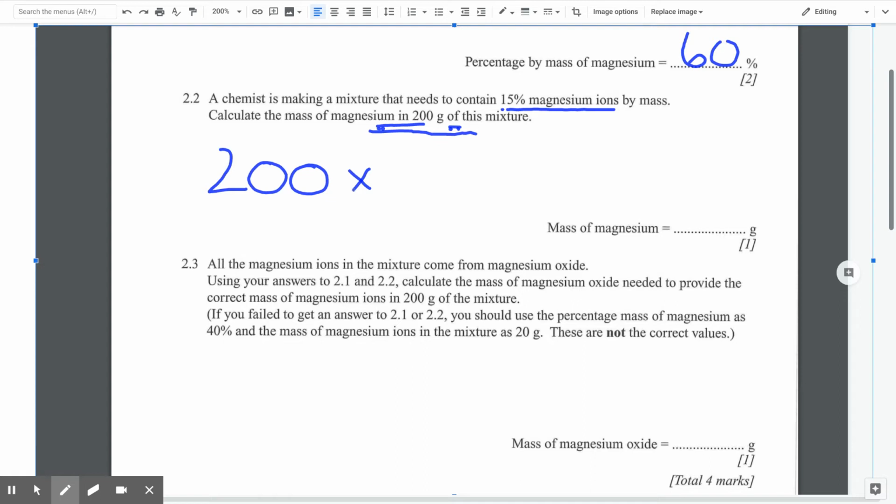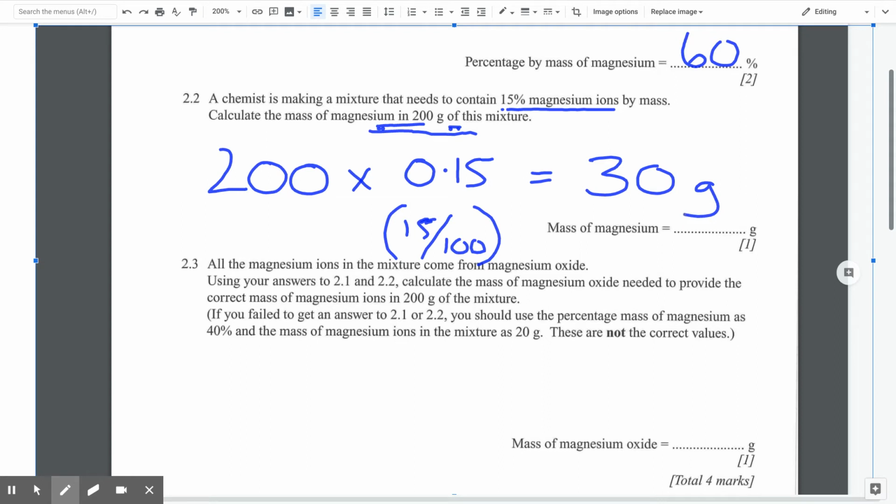You can do that either by multiplying by 0.15 or by multiplying by 15 divided by 100, whichever is your preference of converting percentages, and that will give you a mass of magnesium within that mixture of 30 grams. So 30 grams is essentially 15% of 200. That's where that answer comes from.